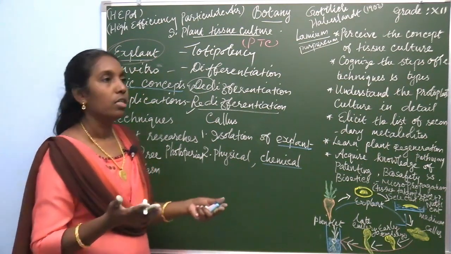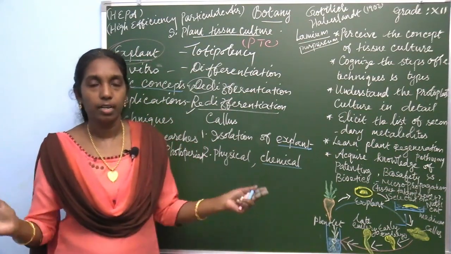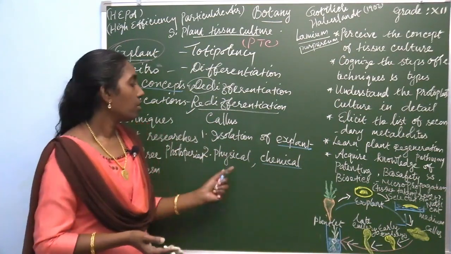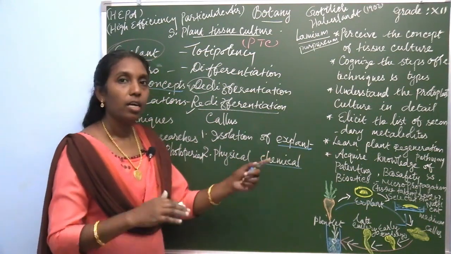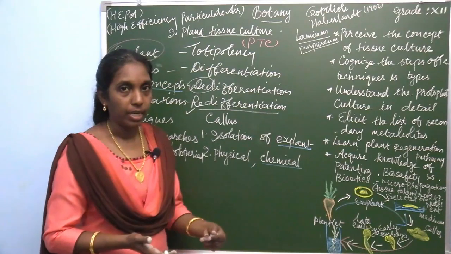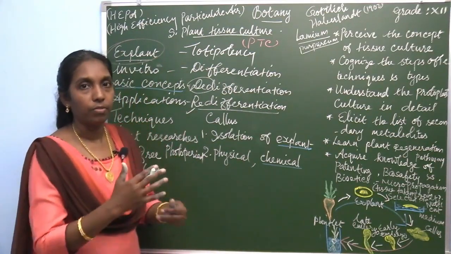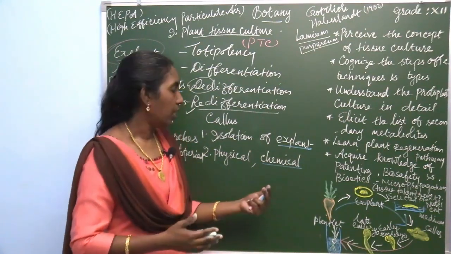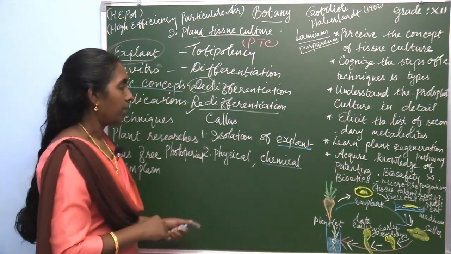Depending upon the plant species, the length of the day and the night may change, so according to the species it can be provided. So the explant is treated physically and chemically. The physical treatment is the environmental condition: humidity, pH, light, air, everything can be given. And chemically, the nutrient medium is used.